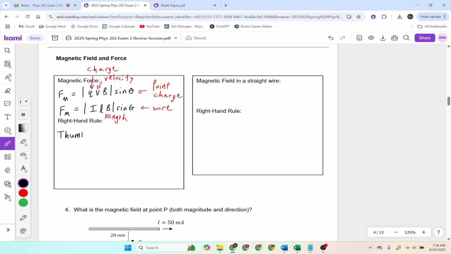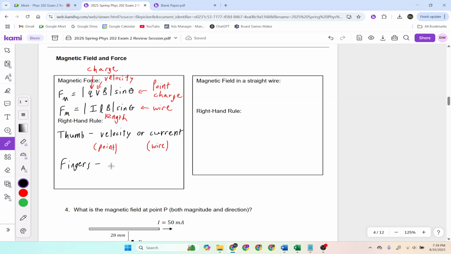Your thumb points in the direction of your velocity or current. Velocity if we're talking about the point charge. Current if we're talking about the wire. Then we have our fingers.